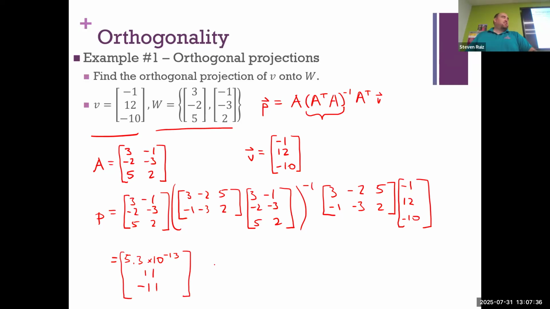Here's how I feel about that top number though. What is 5.3 times 10 to the negative 13th? Sometimes your TI calculator is looking for zero. It's less than a trillionth of something.